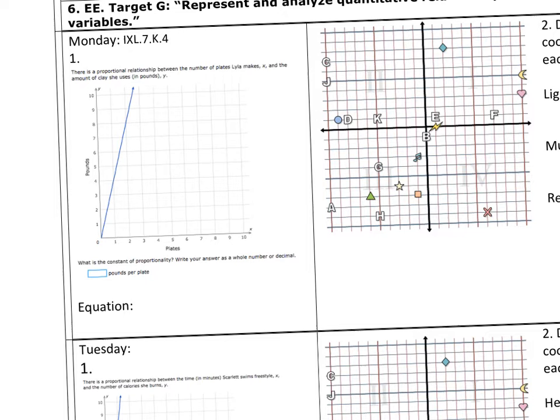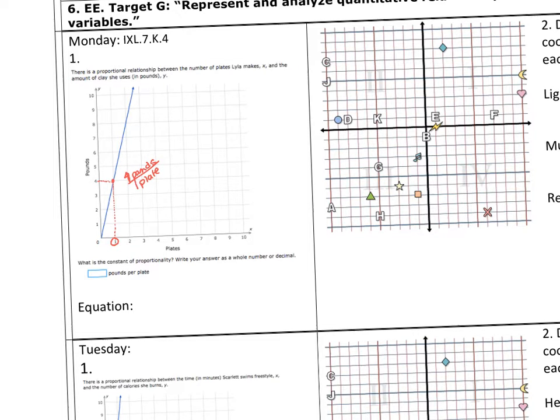Now, if we look here, there's a 1 right here. So for every plate, go up on the axis, on that really light line. And if you notice, it intersects with the line at 4. So that means for every 4 pounds, you have 1 plate.